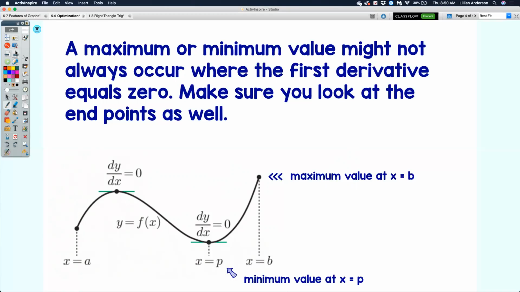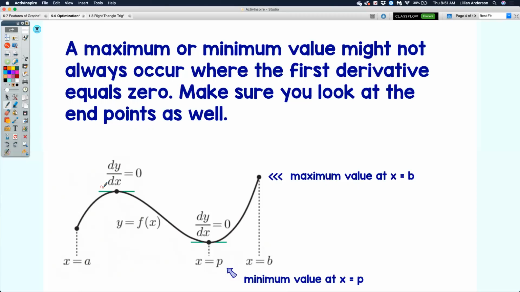And then let's say they only have enough material to make 300 phones or whatever their product is. Well, then that would be their maximum number of products they can produce. So it's a possibility that the maximum or the minimum might not occur where the first derivative equals 0.